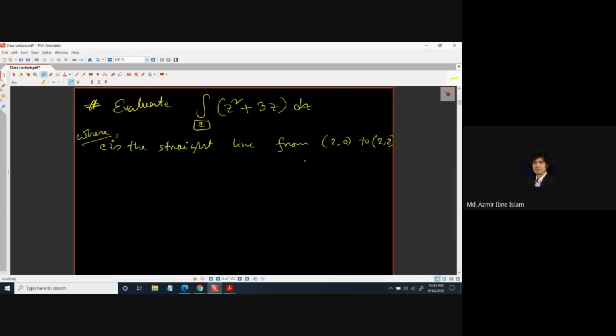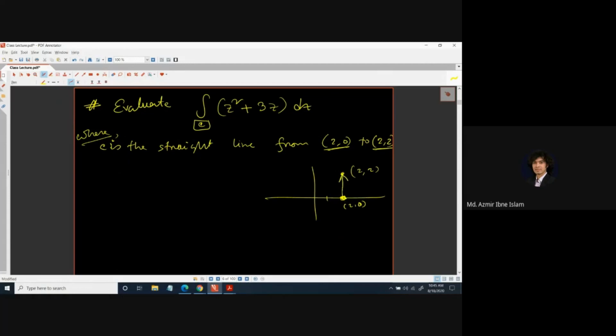We can easily figure out these points in the Argand diagram. So 2,0 is here, and 2,2 is here. So we have a path from 2,0 to 2,2. Try to understand the orientation. At first, the starting point is 2,0 and the ending point is 2,2, so the straight line is this one.